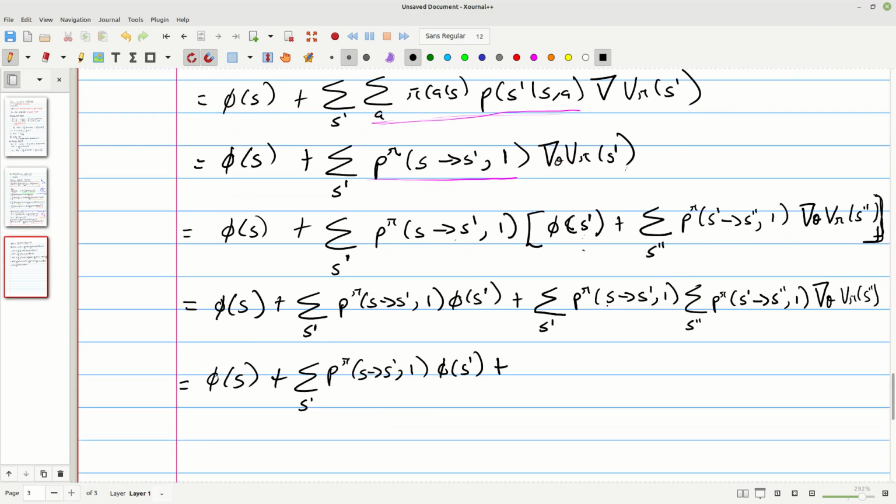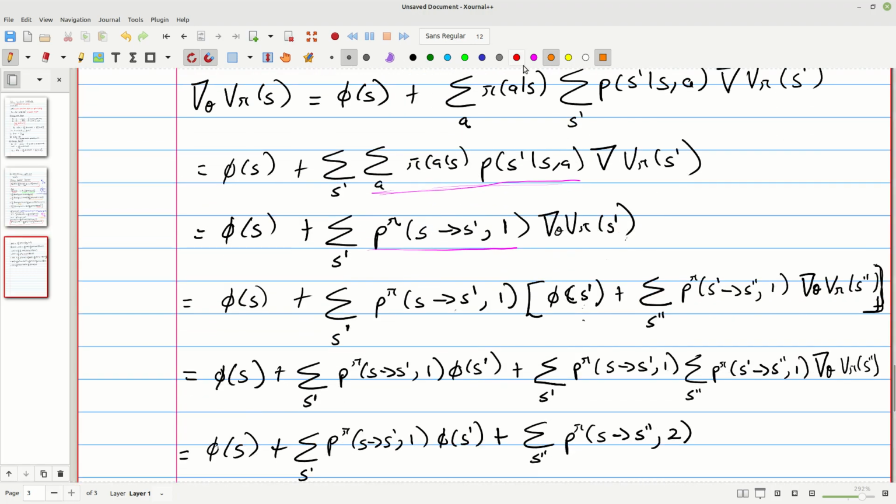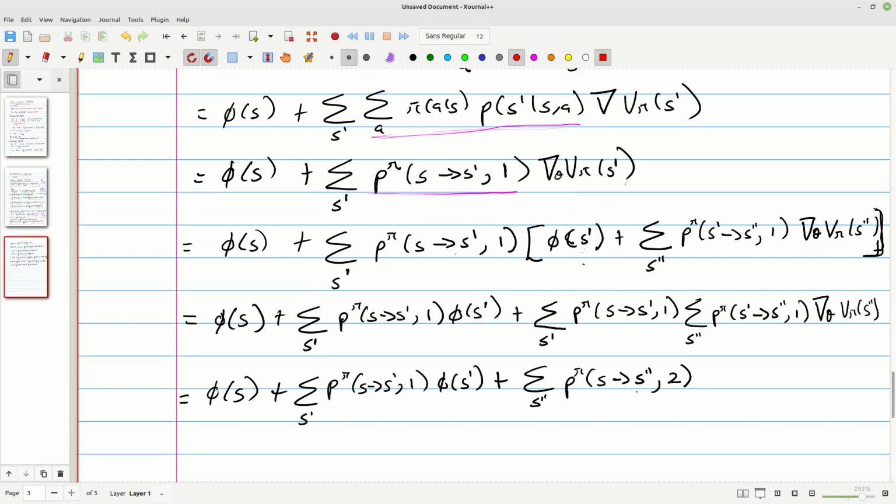So here we've got p pi goes from s to s prime in 1 step, then from s prime to s double prime in 1 step. So we can write it as the summation over s double prime of p pi from s to s double prime in 2 steps, because s to s prime in 1 plus s prime to s double prime in 1 is s to s double prime in 2. This is just coming from this result here in red. That's where it's coming from.